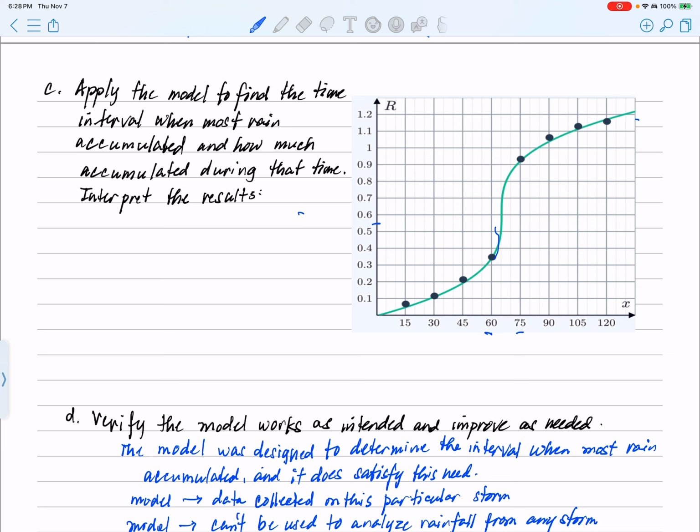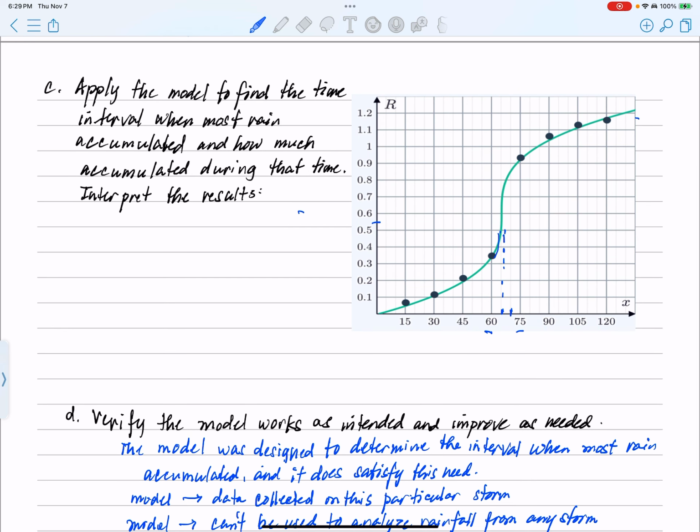So it appears that most of the rain started accumulating about 10 minutes before and after 10 minutes.